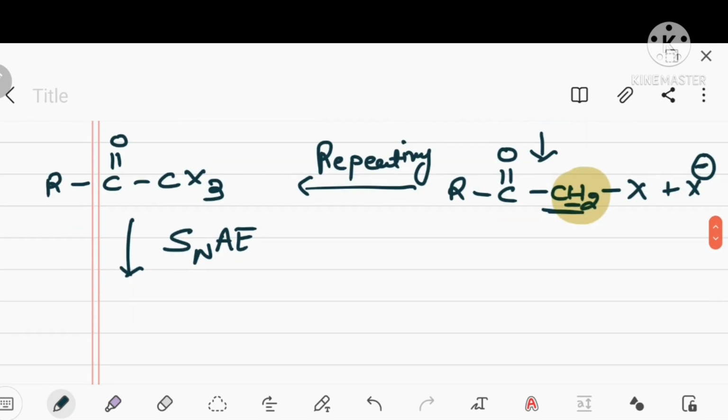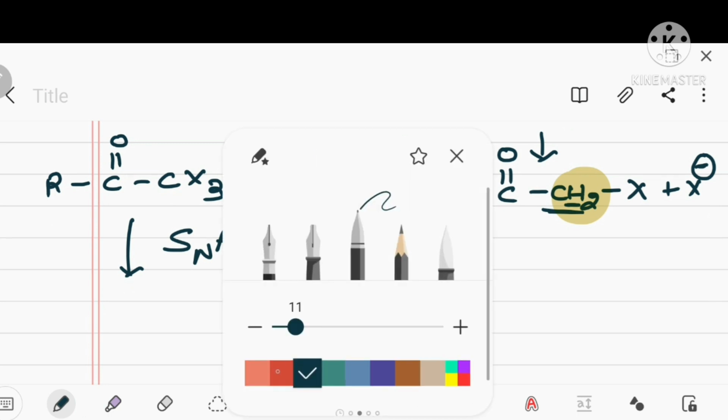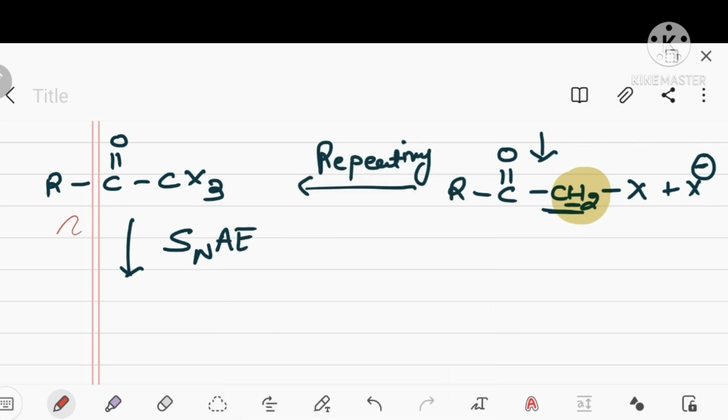So OH is attacking on this carbon. Look at here, the remaining OH minus is attacking on this compound, and this bond is shifting to here.